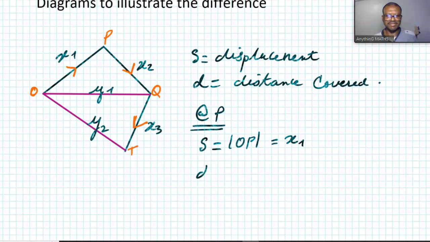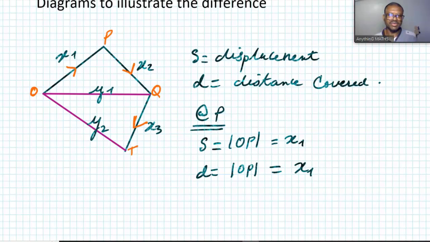The distance traveled, which is D, will be the same. So at P, the distance traveled and the displacement are no different, they are the same. This tells us that at some point we can have distance being equal to displacement, but not all the time.